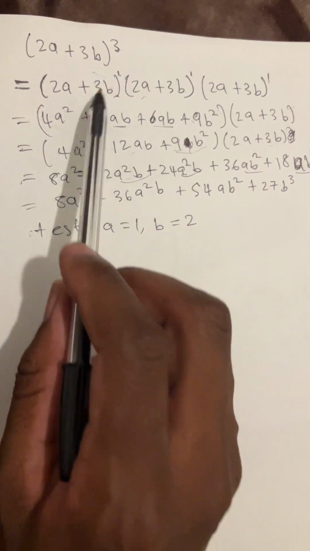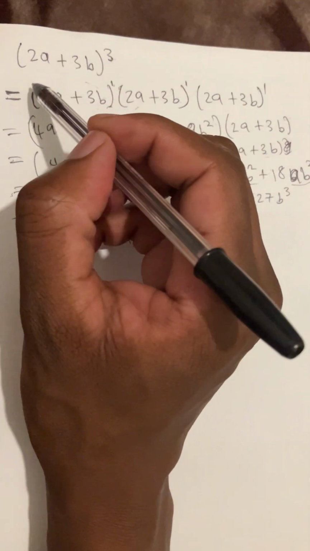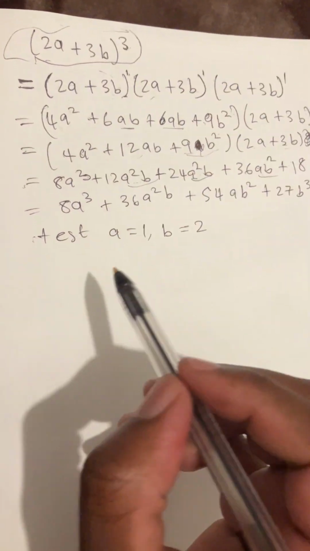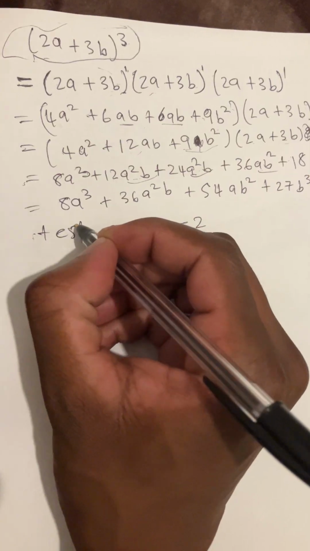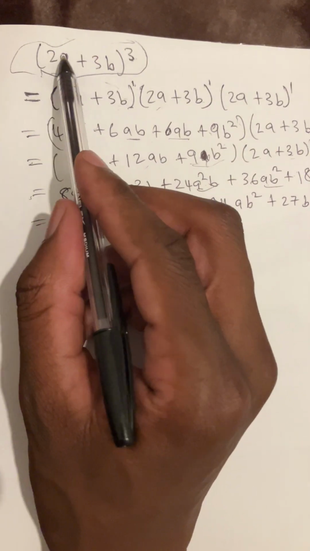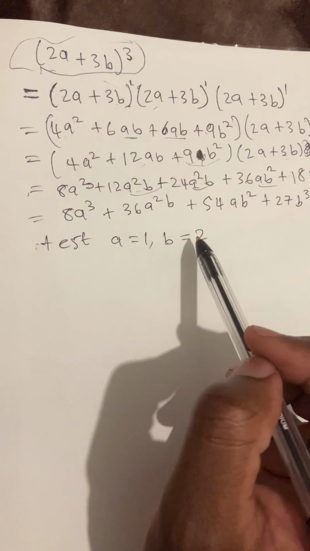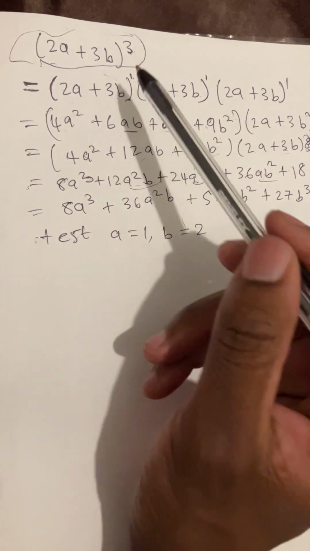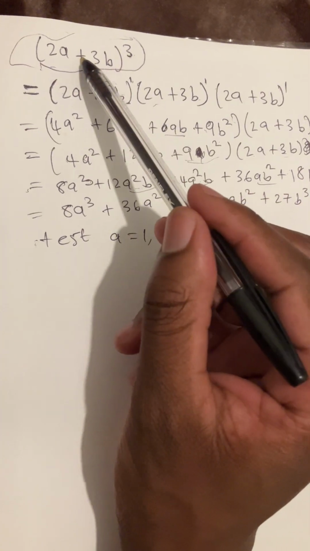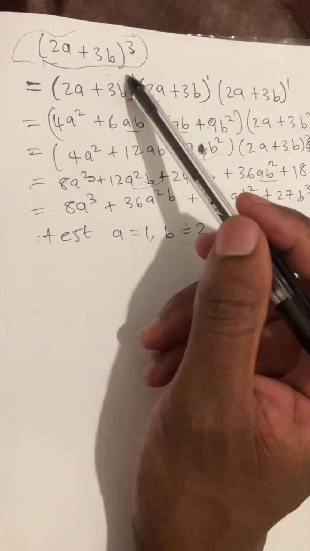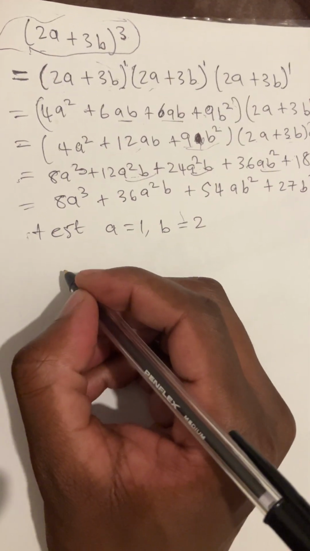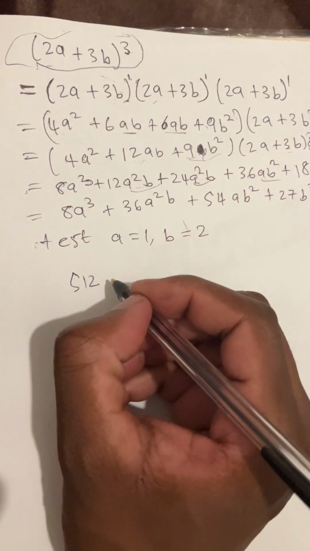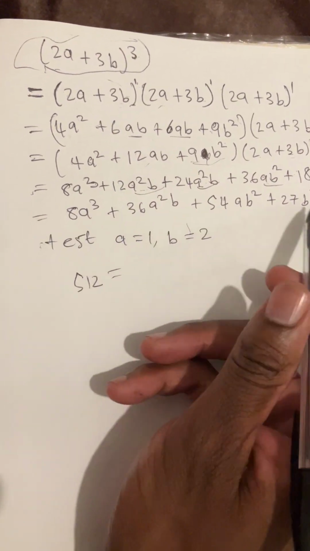So we can just take the original problem, and in your calculator, wherever you see A put 1, wherever you see B put 2, then put this whole thing on your calculator. You're gonna get 512.